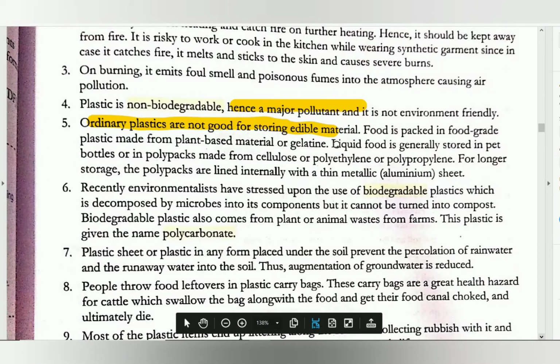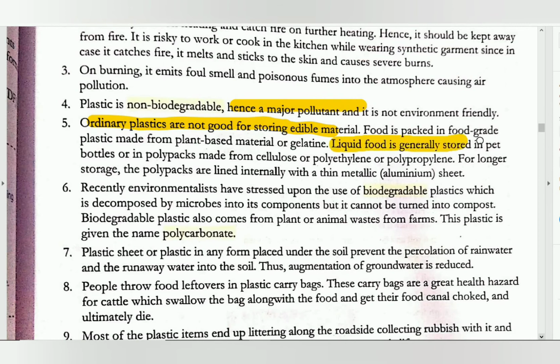Alright, we generally keep liquid food in PET bottles. But these are not good for longer storage.